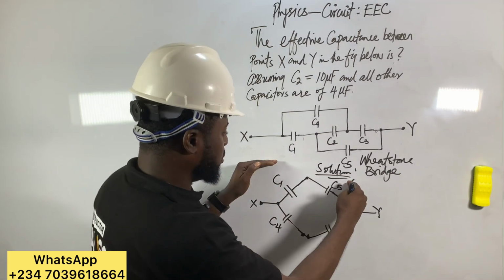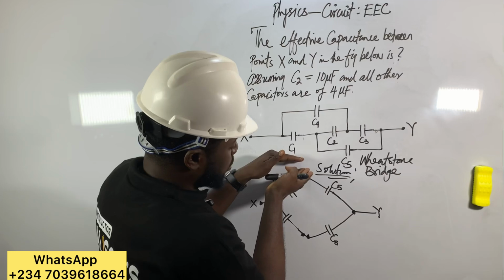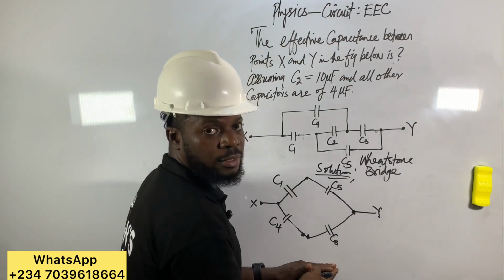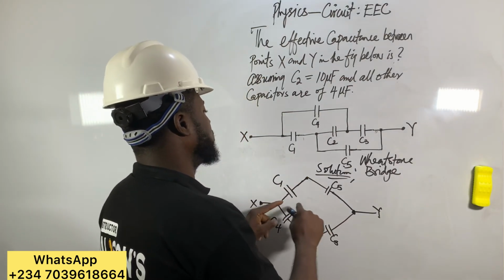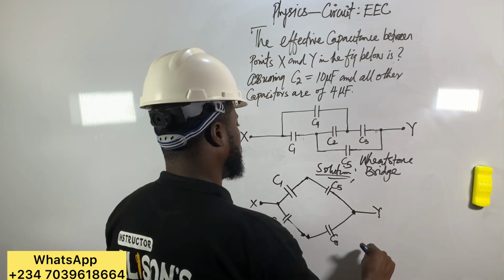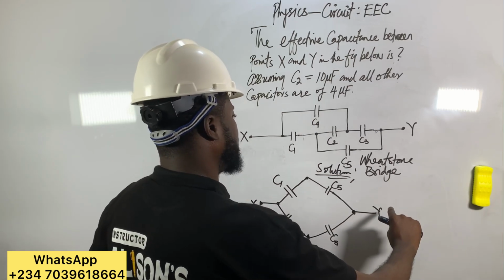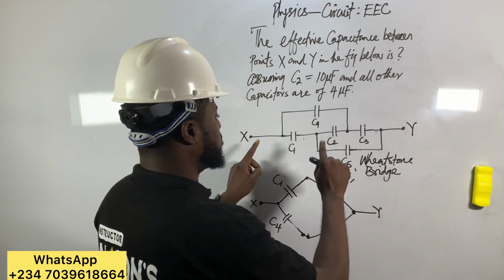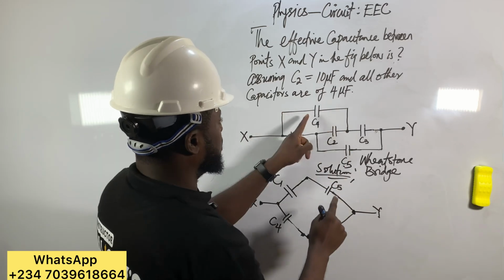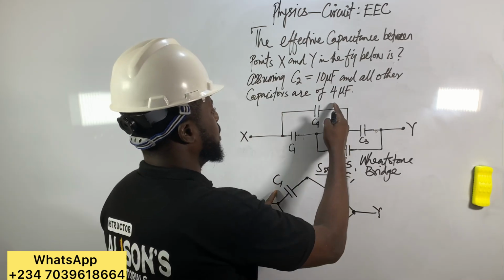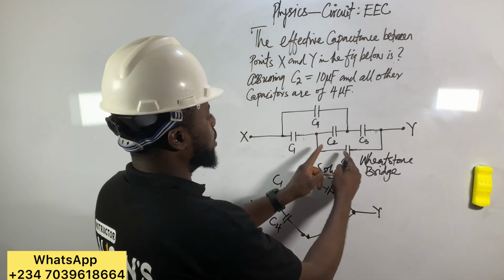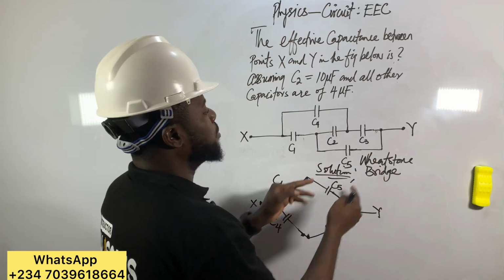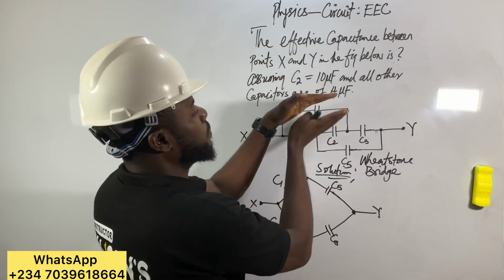That means this one is in series, this one is in series, but the two of them will be in parallel, because I can redraw it, straightening these and getting the terminals like that.